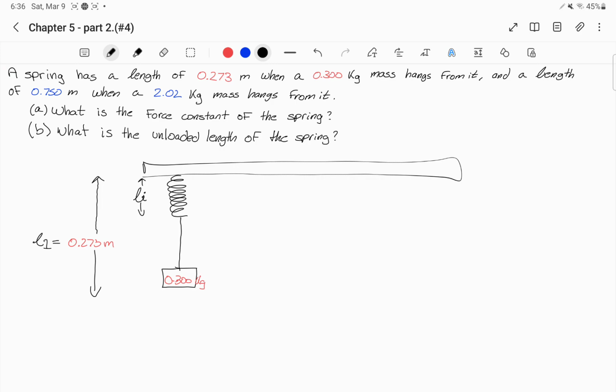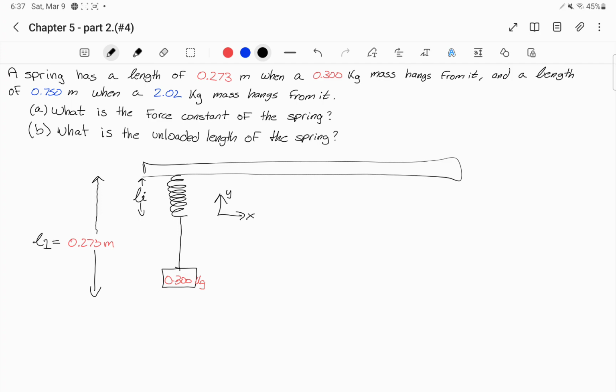Now, we should try to establish a coordinate system with y equals 0 at the equilibrium spot. Equilibrium spot is right here. Equilibrium meaning that all forces acting on the spring are balanced, so before we let the mass go. So it would look a little something like this, which is our x and our y. Using this coordinate system, we can write an expression for the magnitude of the stretch of the spring when the mass is suspended from the spring.